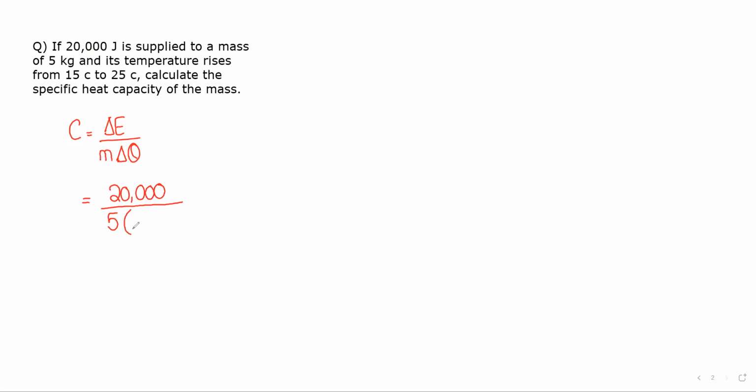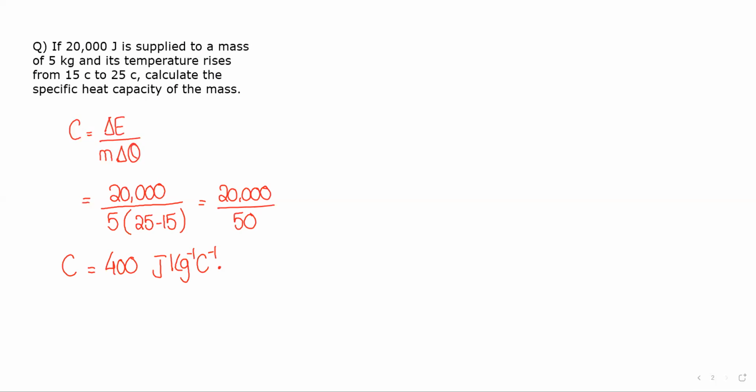And there is a temperature change, so we subtract the values: 25 minus 15. Oh, it's 400. Okay, so now we are getting the answer 400 and the unit is joules per kg per degree Celsius, because in the question, the values are given in degree Celsius, right?